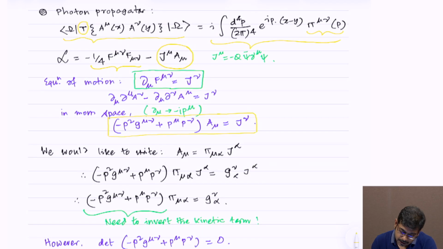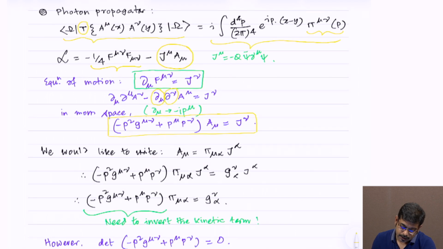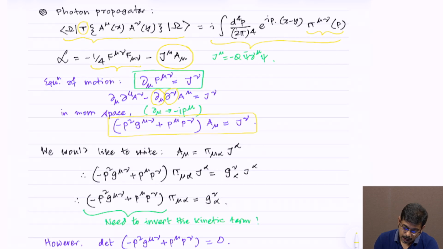So, once again, it is very easy to see that ∂_μ is replaced by −i p_μ, ∂_ν is replaced by −i p_ν, and so on. And what we have done is use the proper contraction, and this will have p² g^{μν}, because I am bringing this ν to be μ and making it down.